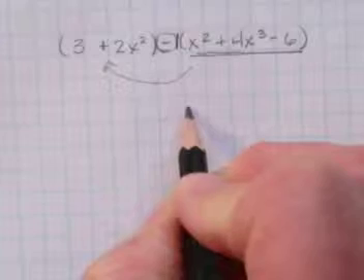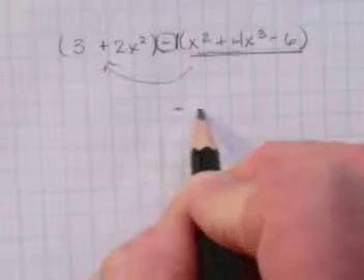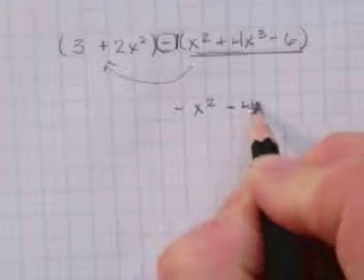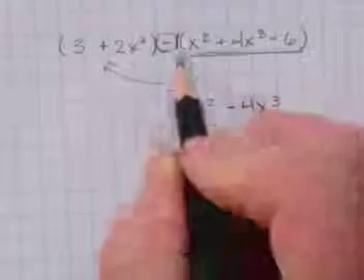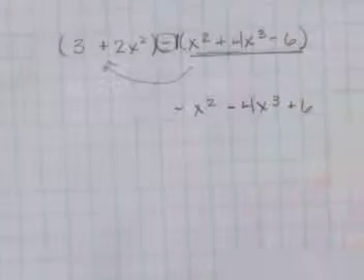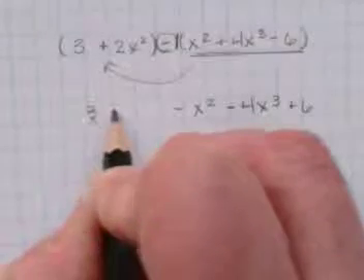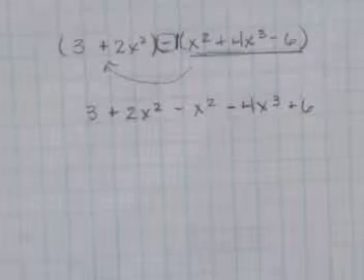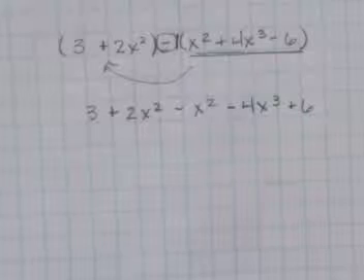So I'm going to simplify the second term, and I'm going to rewrite it as minus x squared minus 4x to the third, and then subtracting a negative number is the same as adding. So I simply removed my parentheses by distributing the negative 1 in front of them.